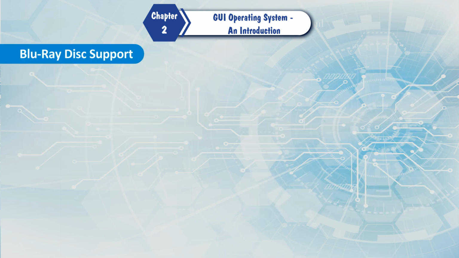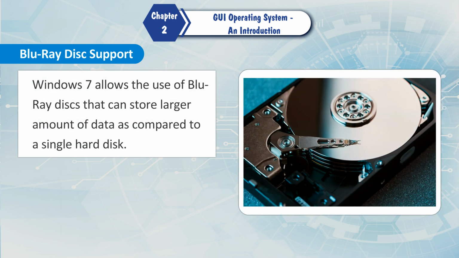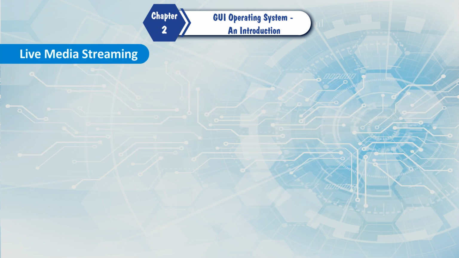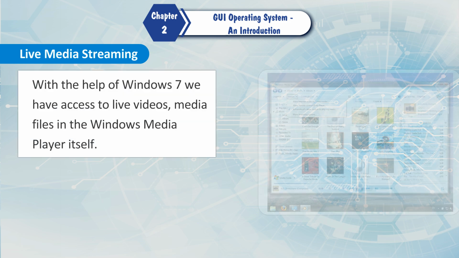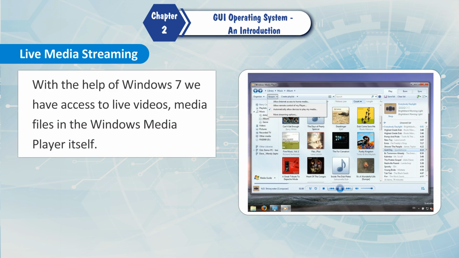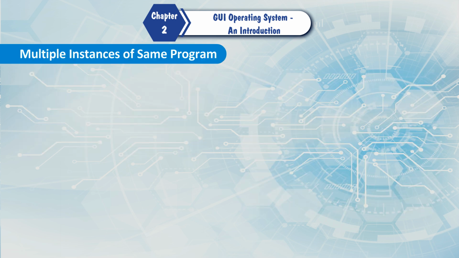Blu-ray disc support. Windows 7 allows the use of Blu-ray discs that can store a larger amount of data as compared to a single hard disk. Live media streaming. With the help of Windows 7, we have access to live videos and media files in the Windows Media Player itself.